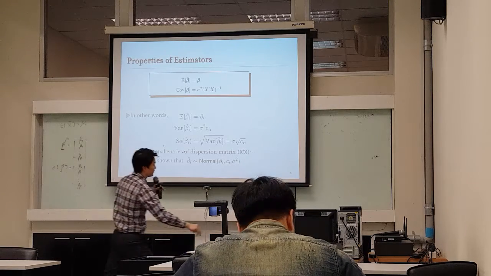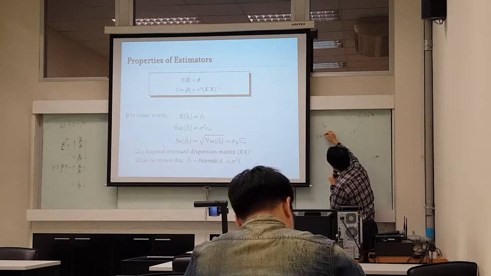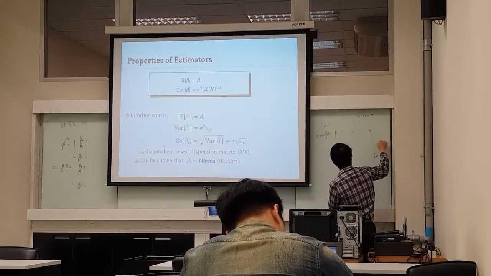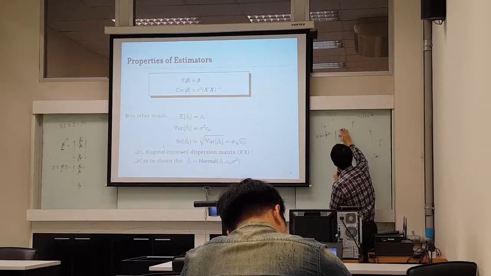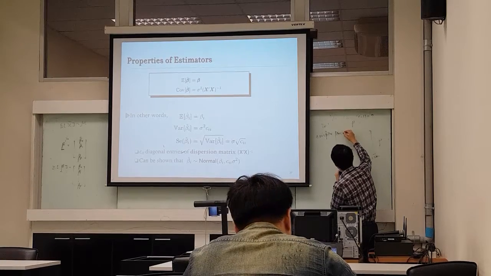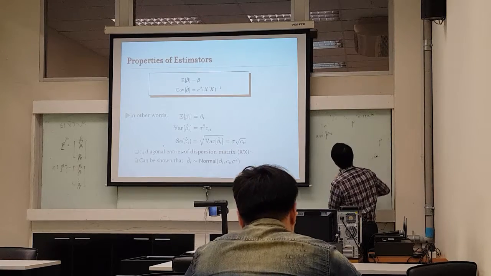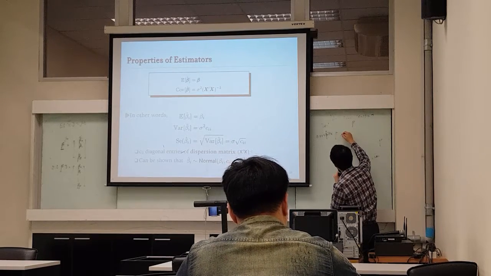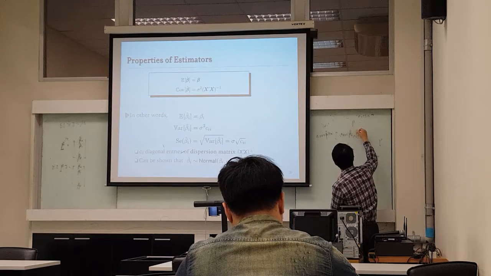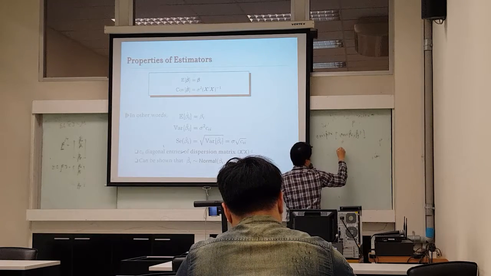The covariance matrix is a p by p matrix where each entry is the covariance of the betas.